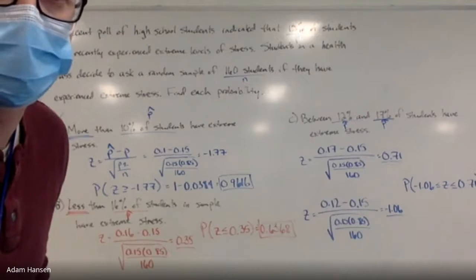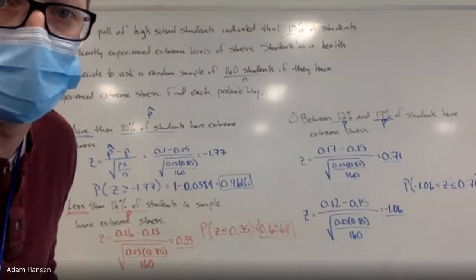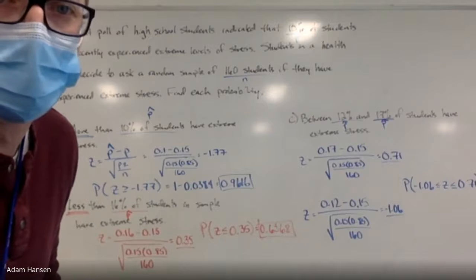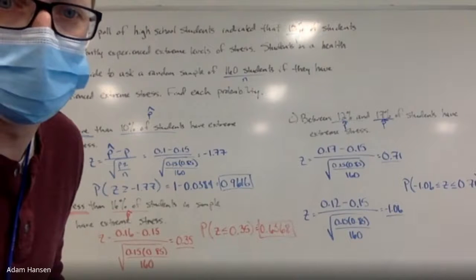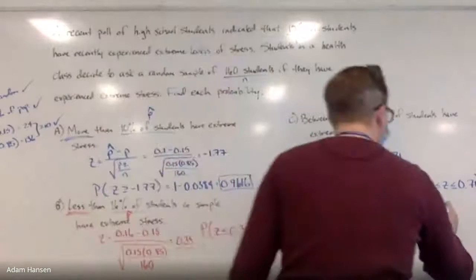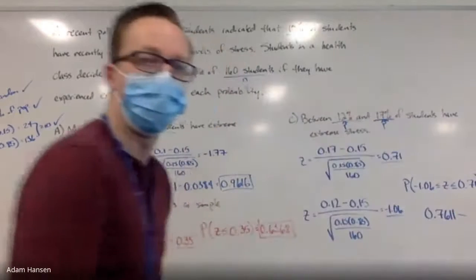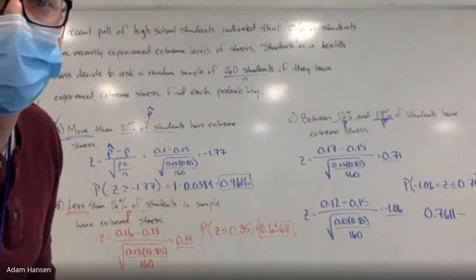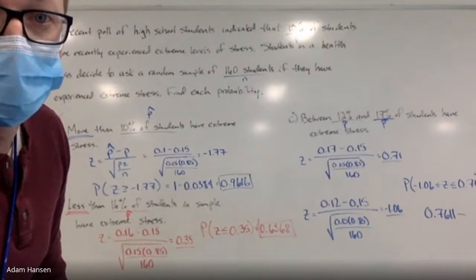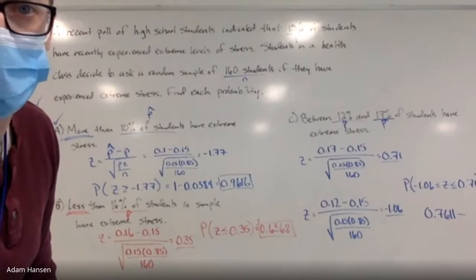Negative 1.06, 0, 1, 2, 3, 4, 5 is 0.1469. 0.71 on the other side was 0.7611. So we'll take the difference of 0.7611 minus what was the other one? 1.06, 0, 1, 2, 3, 4, 0.1446.